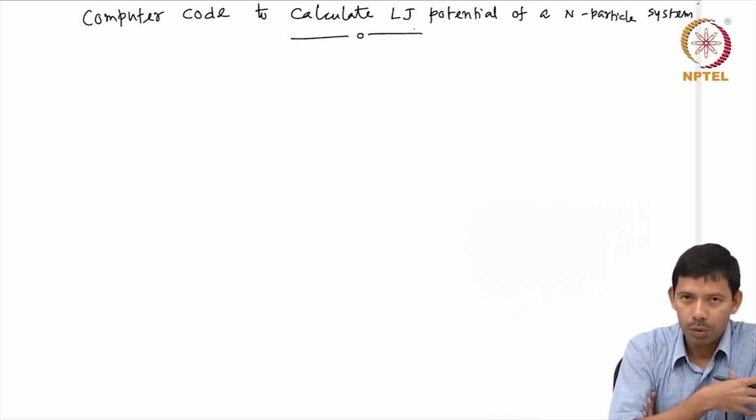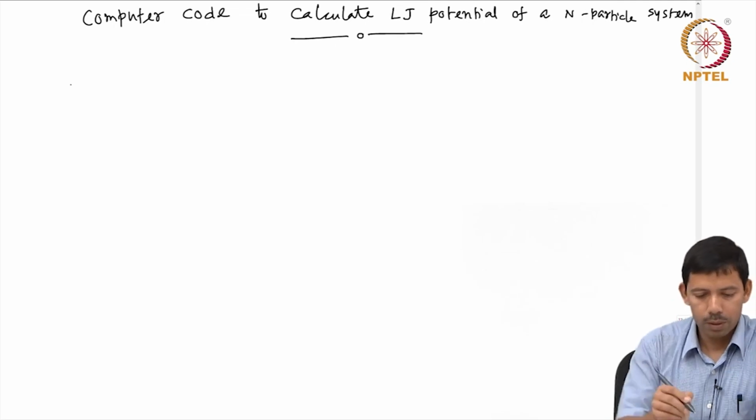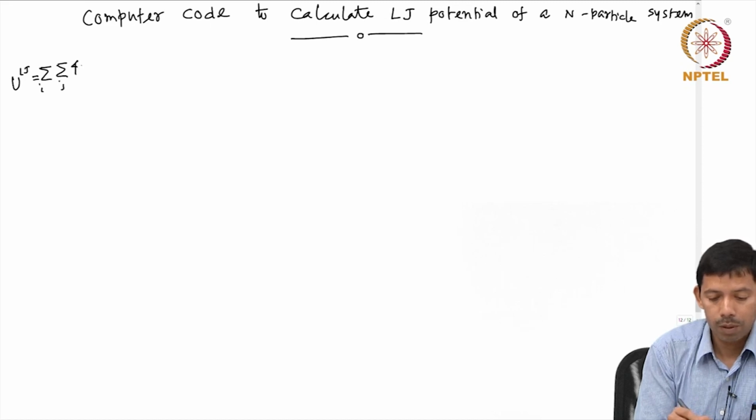If you recall the Lennard-Jones potential, U_LJ is equal to the sum over i, sum over j, of epsilon times sigma by r_ij to the power 12 minus sigma by r to the power 6.